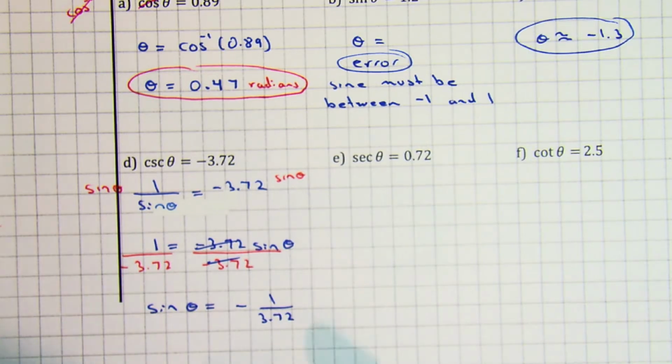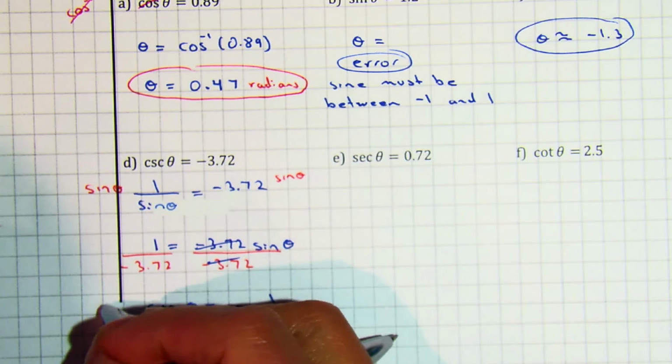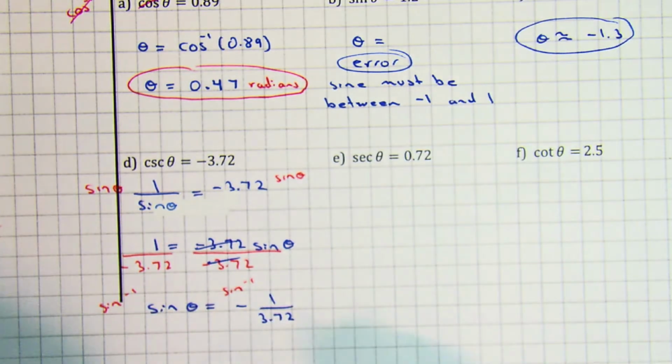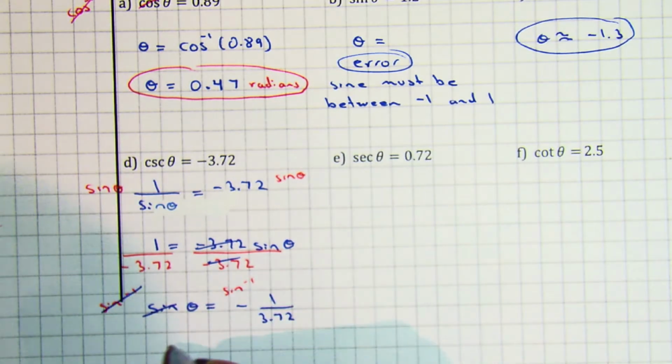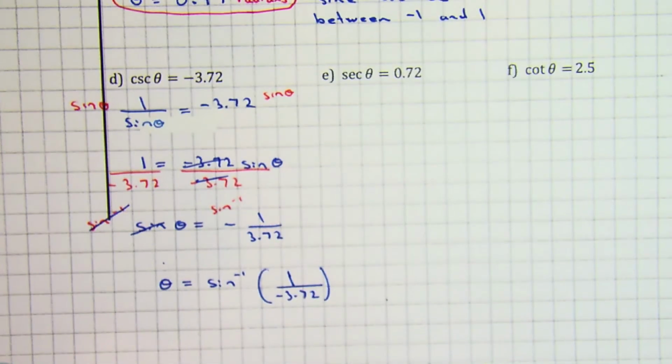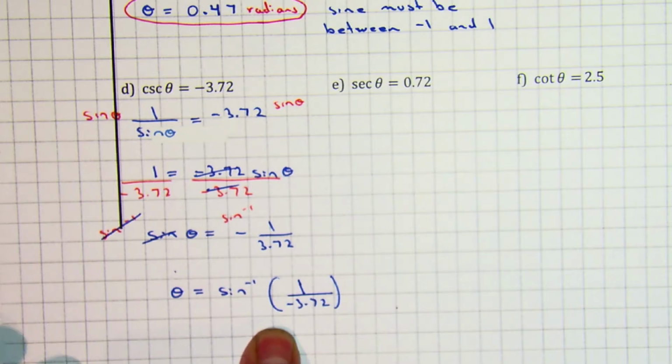And now I can take the inverse. So I can take my inverse on both sides, the sine inverse. The sine cancels with the inverse, so therefore theta is equal to the sine inverse of 1 over negative 3.72. And this is how we need to type it into the calculator.